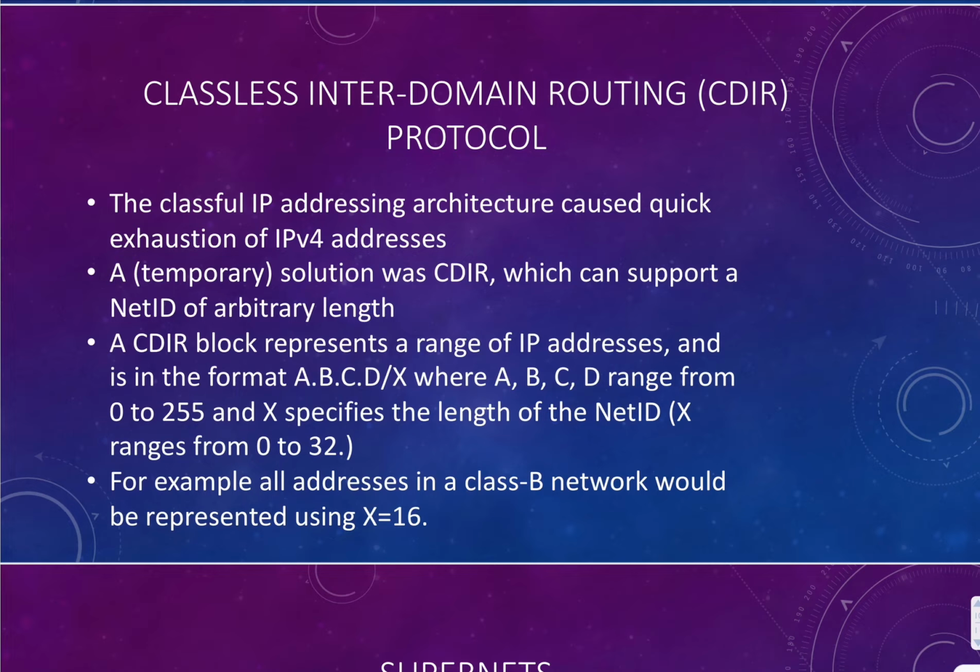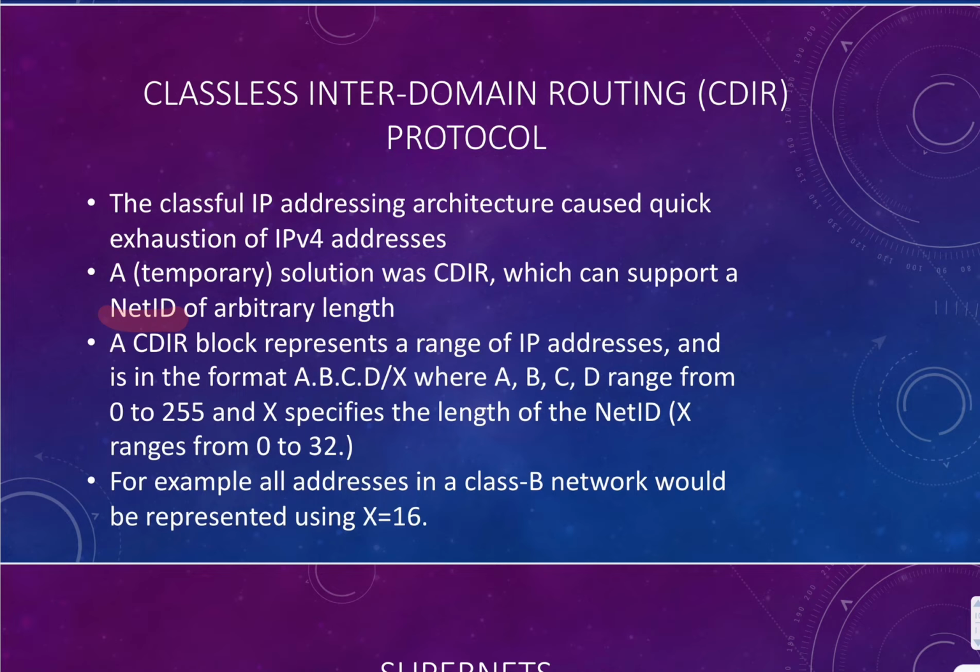There's room for about 4.3 billion IPv4 addresses, and currently we have pretty much exhausted these addresses. A temporary solution, of course, before IPv6 was CIDR, which can support a net ID of arbitrary length.